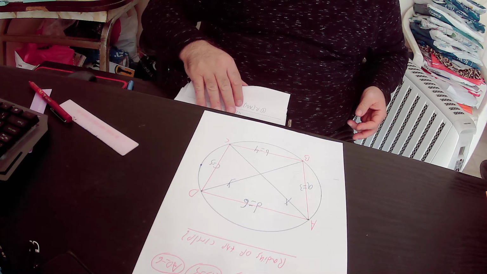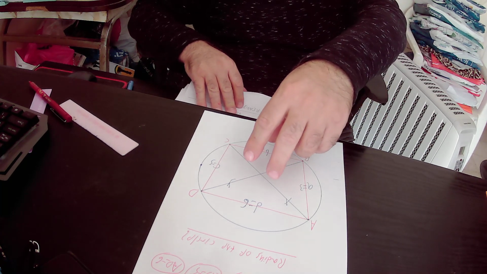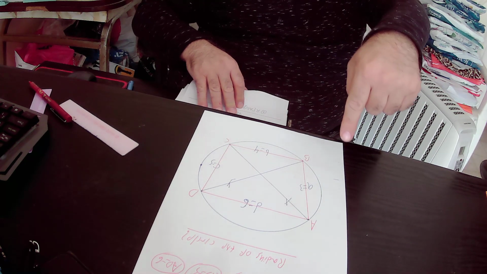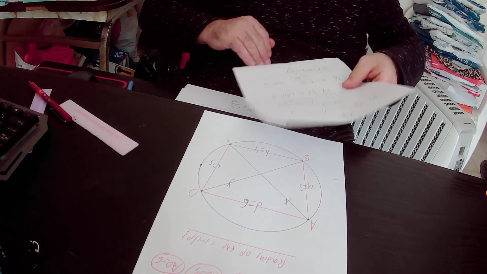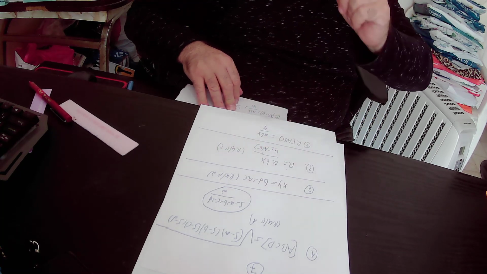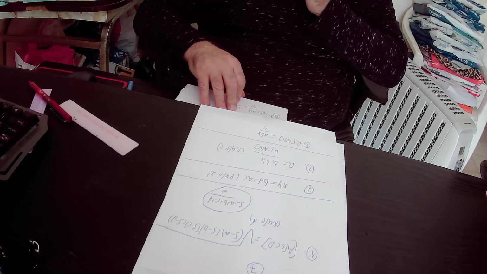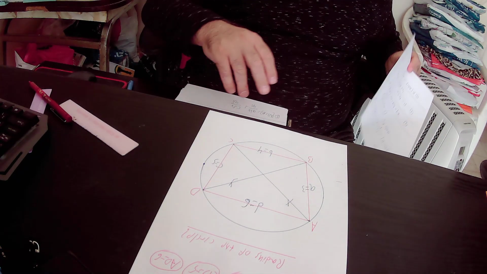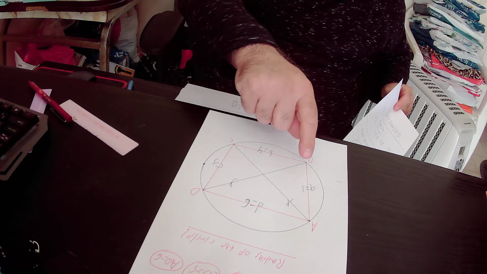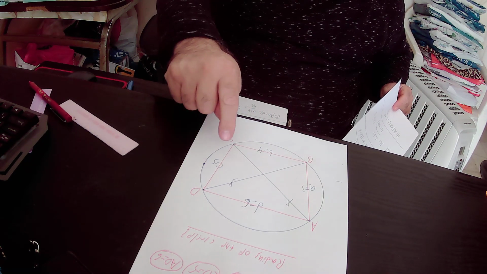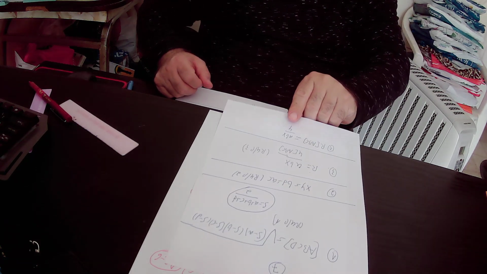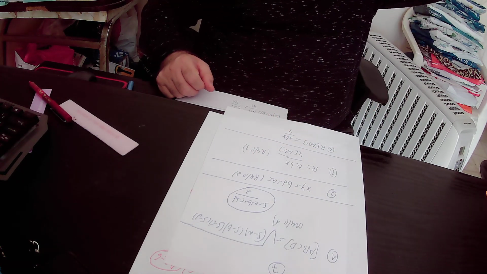According to rule number 1, the area of this quadrilateral ABCD that is inscribed by this blue circle equals the root of S minus A times S minus B times S minus C times S minus D, where A, B, C, and D are the lengths of the quadrilateral's sides. In this case, A equals 3, B equals 4, C equals 5, and D equals 6 units. And S equals A plus B plus C plus D over 2.